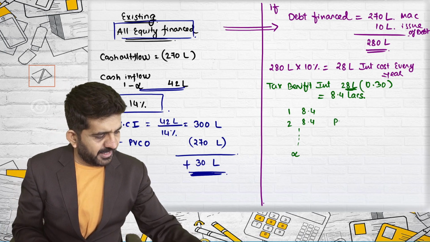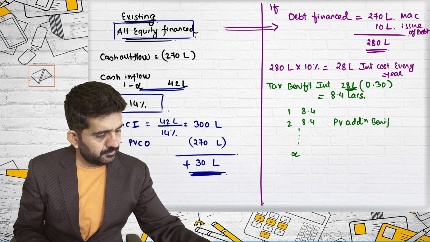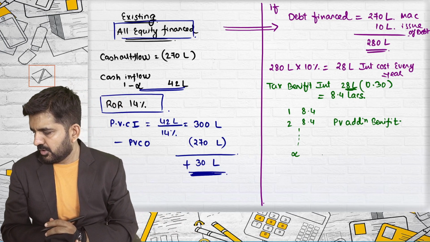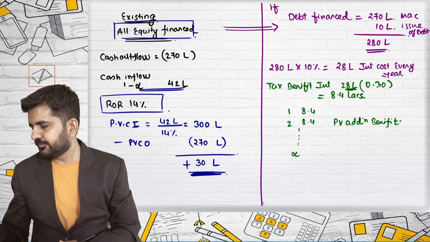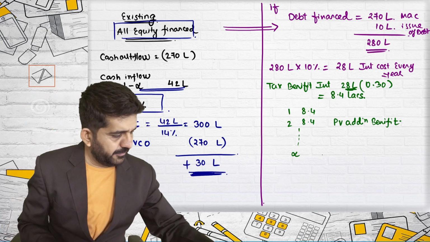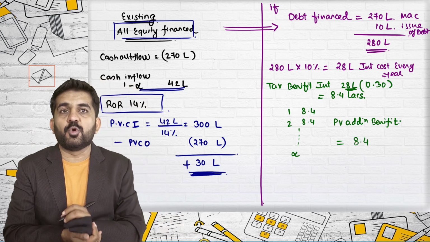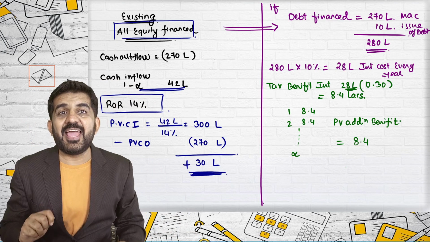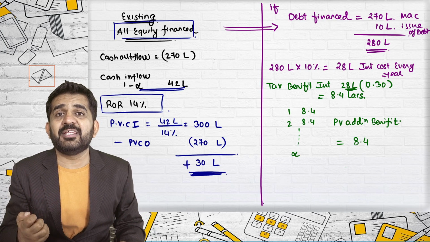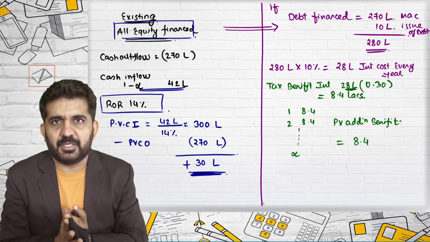I am finding out present value of this additional benefit. Now this should be understood in a good manner. It is cash flow of first year 8.4 lakhs, and as everything is by debt, nothing is from equity, everything is from debt. Please understand, you learned this in cost of capital.